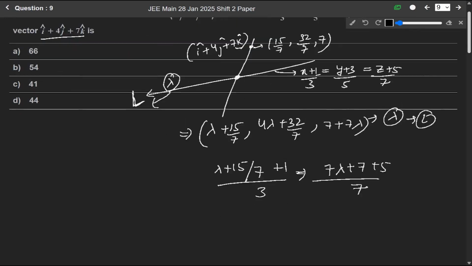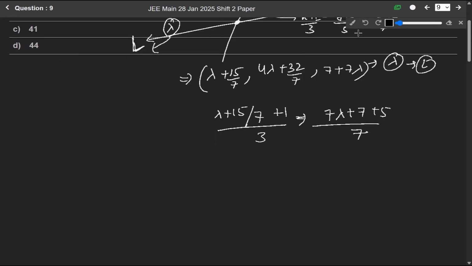If we solve these two, this will be 7 lambda plus 15 plus 7, which will be equals to 21 lambda plus 21 plus 15.